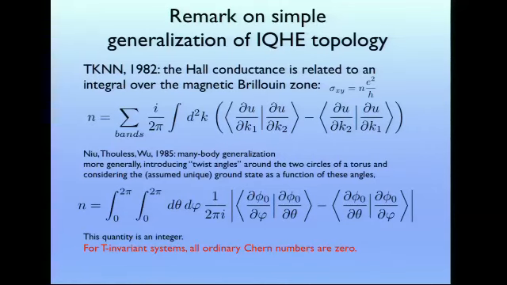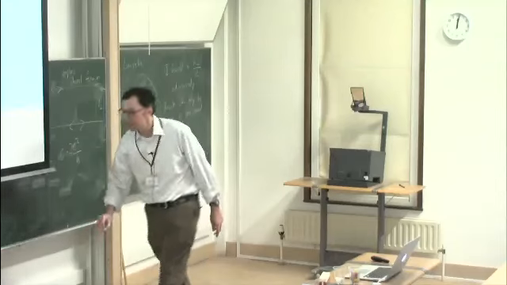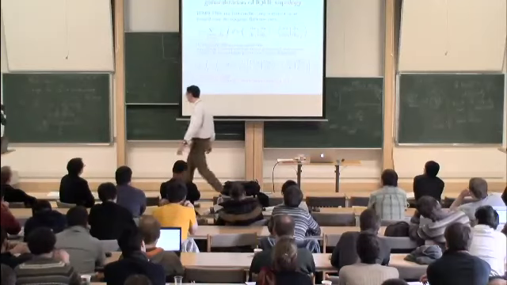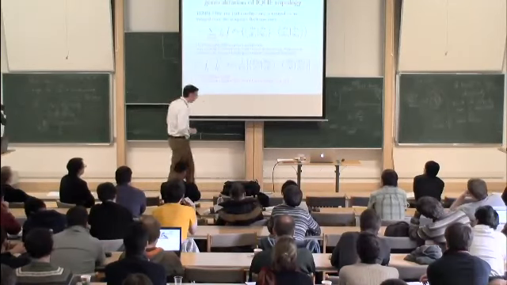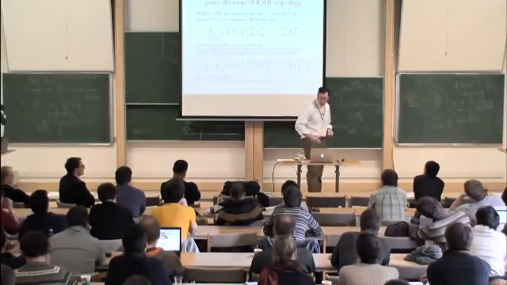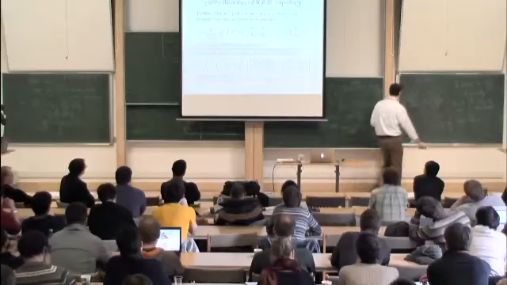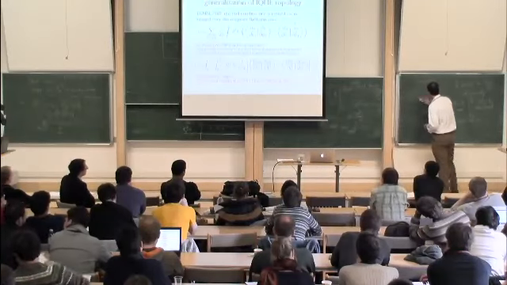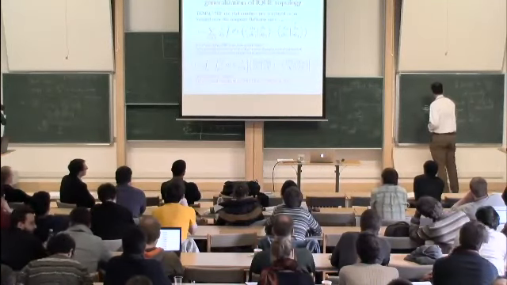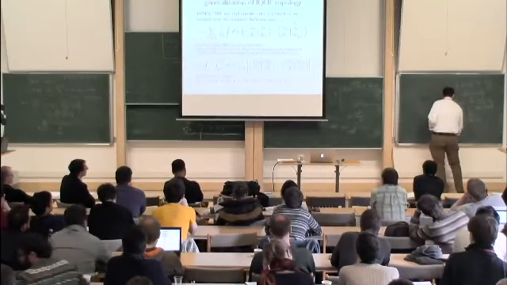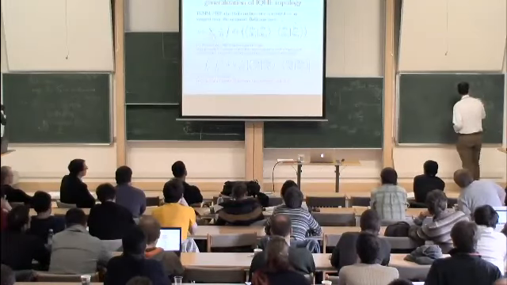Okay, so those you can think of as either fluxes, magnetic fluxes, or boundary conditions. So the idea is I want to think about how does momentum actually show up in computing the Chern number.